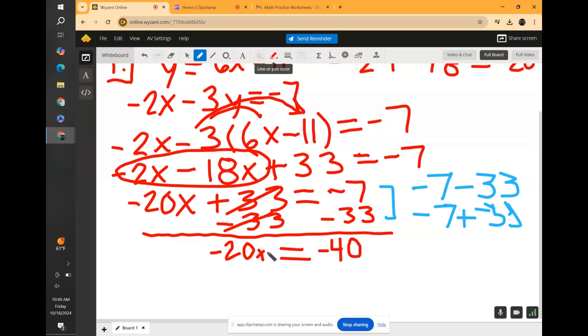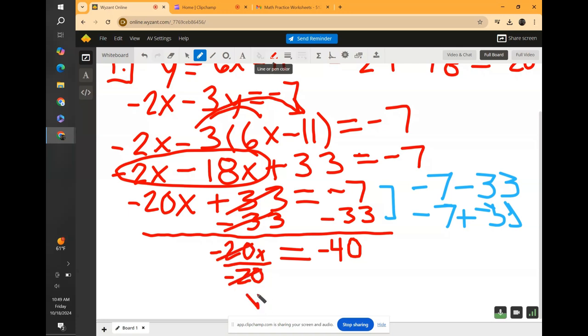Remember now, we want to get x by itself still. Remember, that's the goal. We want this x by itself. So what are we going to do now? Well, since these are multiplied, 20 times x, right? 20x is a product. We're going to divide. We'll do the opposite operation there. Divide that out, right? Because that just goes to 1.